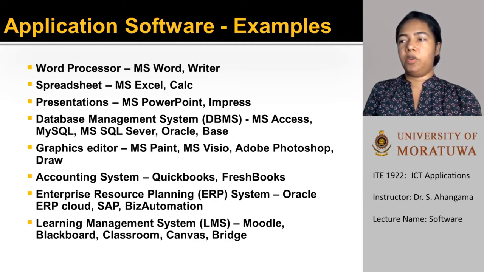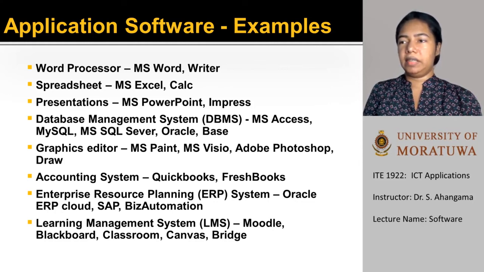For example, for budgets and grade calculations, we can use spreadsheets. We can consider Microsoft Excel and Calc as examples. Presentation programs can make giving presentations and using overheads easy. For example, we can consider Microsoft PowerPoint and Impress.